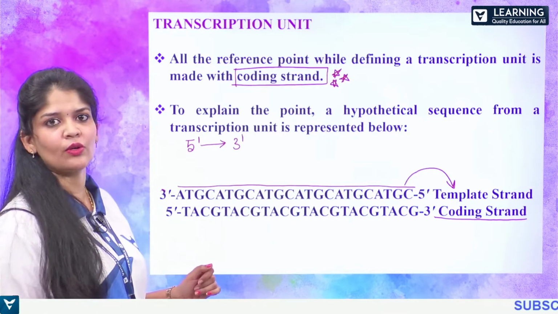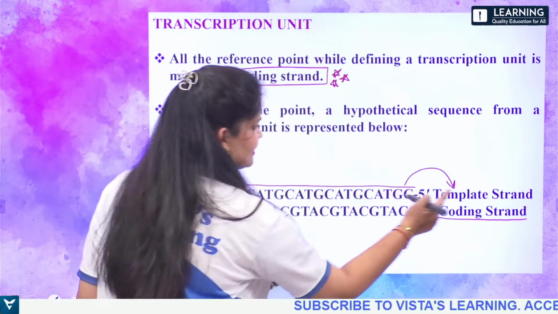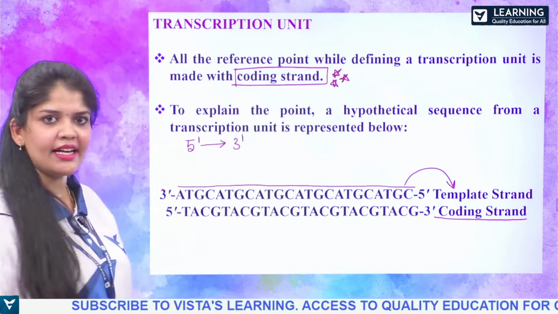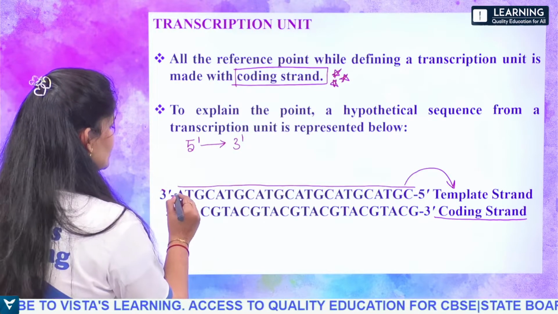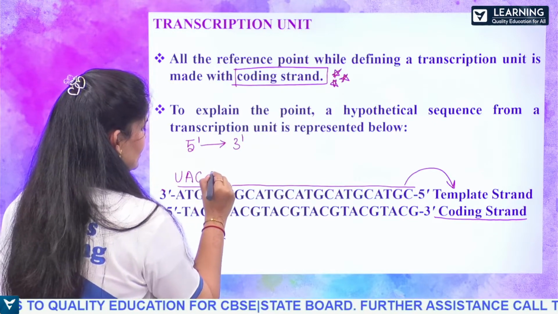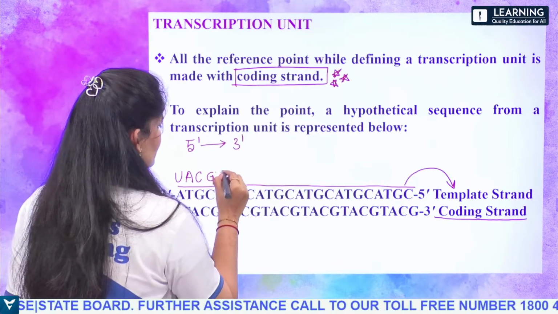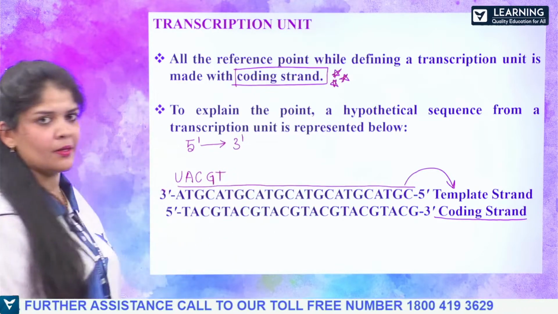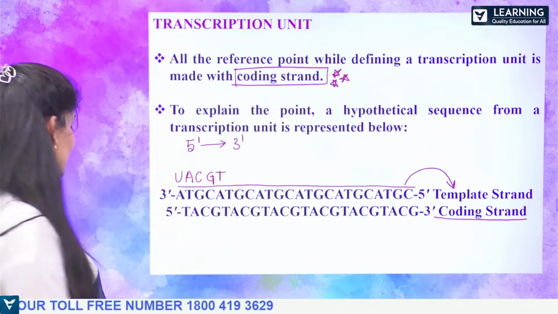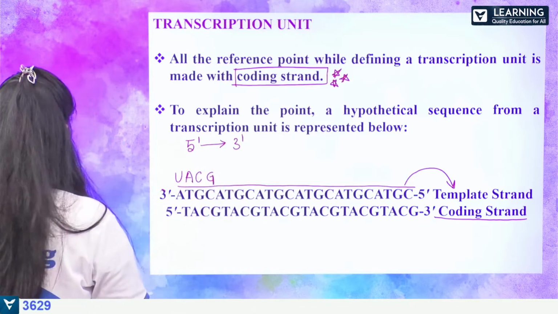But why do we call it a coding strand? Because if we take the other strand as a template strand, we'll get mRNA, right? So here we have U, A, C, G. In the place of T, as it is mRNA, we'll get uracil.